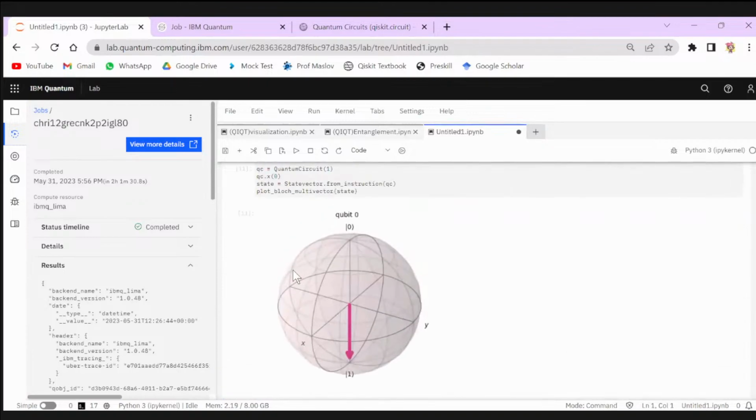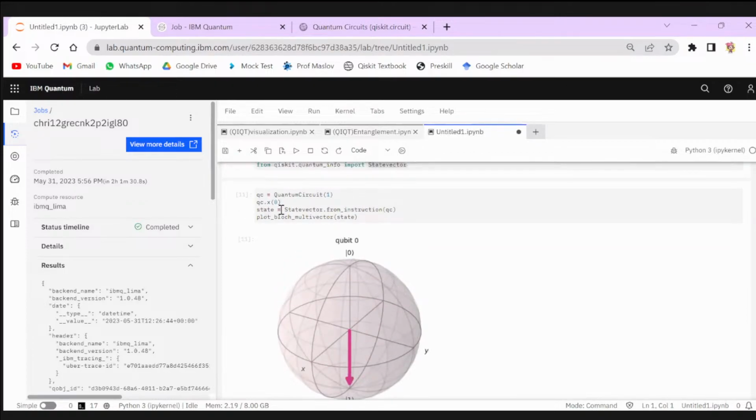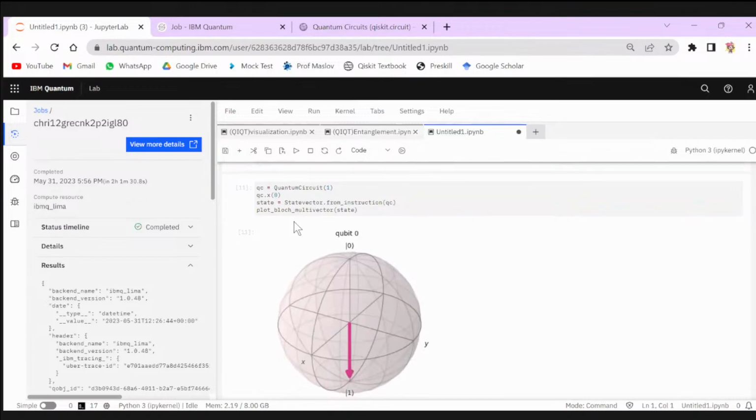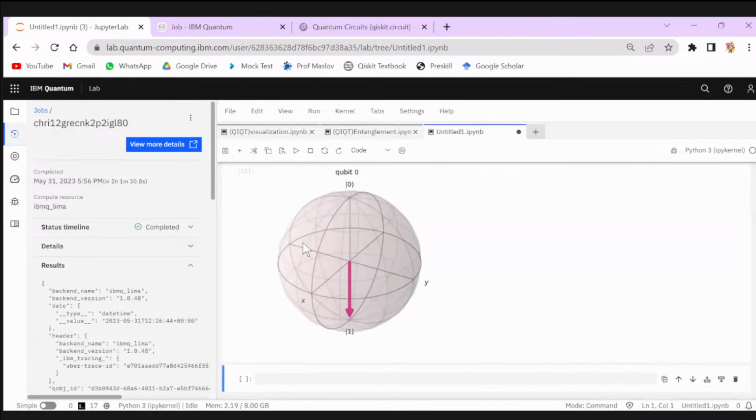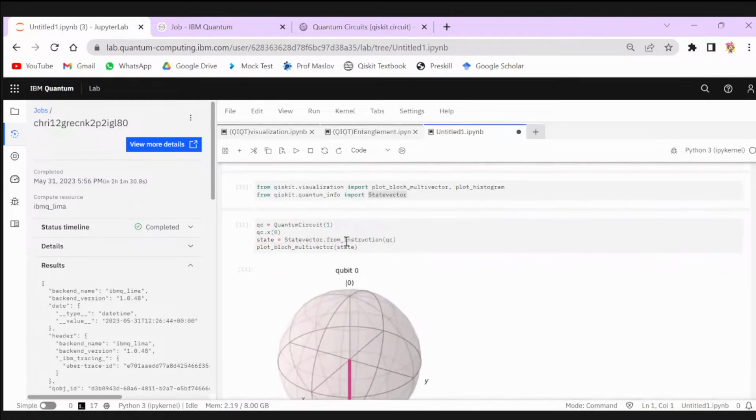So here, that's how we can plot this state. At first the circuit was initialized in the 0 state, then we applied the gate, and finally we defined that state in this statevector function, and then we plotted it on the Bloch sphere. That's how we can plot any state.